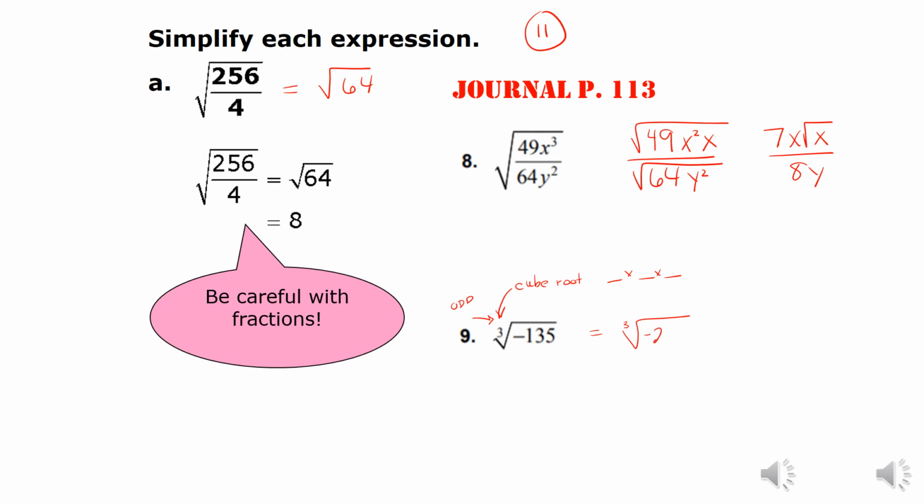So I'm going to go negative 27 times 5 is 135. And I figured that out by factoring 135, and I took out 5, and that left 27, and I know that 27 is 3 cubed, which is a perfect cube. So that's how I discovered that. So now that I've got that, I know that negative 3 times negative 3 times negative 3 equals negative 27. So I can say that this is negative 3 square root of 5.